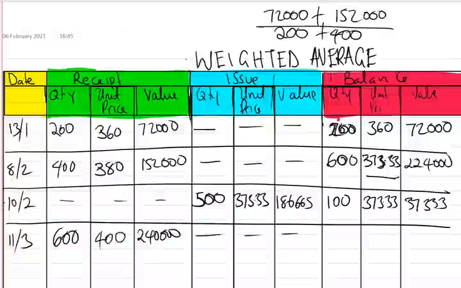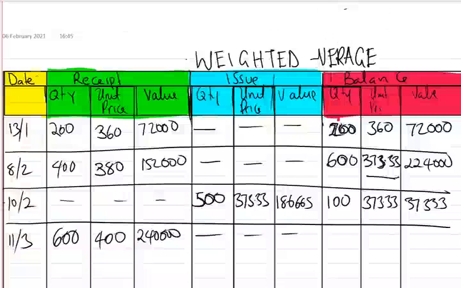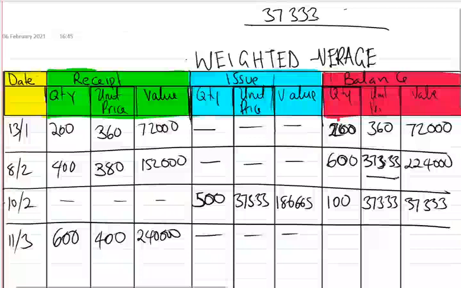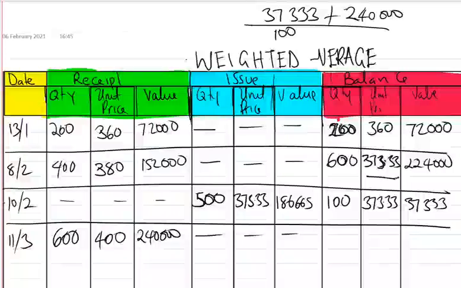There's no issue. Now we have to calculate a new weighted average. For us to calculate a new weighted average, we are saying that the value of quantity in store, right? So the value right now is 37,300. Now the new value, which is 240,000, over the quantity in stores, which is 100,000 right now, plus the new consignment, which is 600.